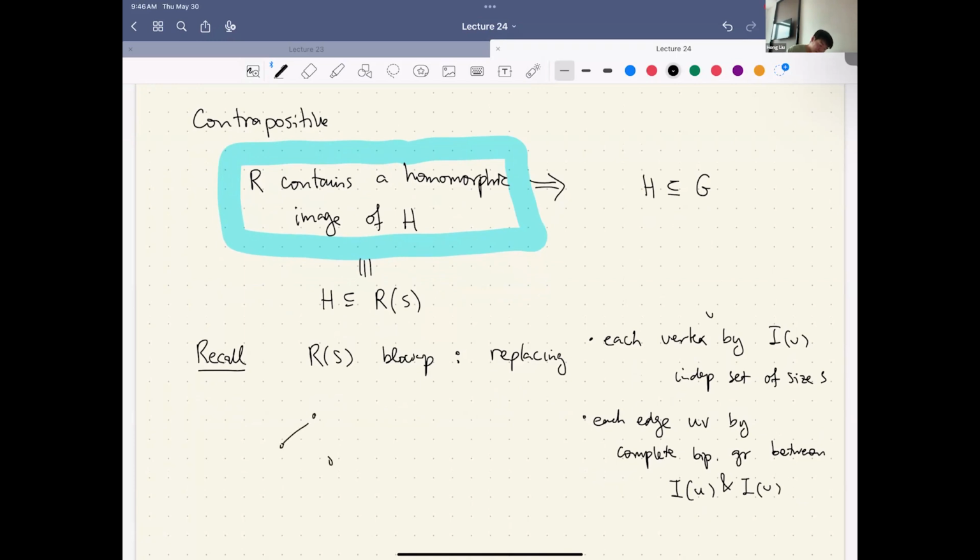Very simple, we've seen this before. So if you have, say, a diamond, you blow each vertex up to s vertices. You put all edges in between whenever there was an edge between the corresponding vertices.